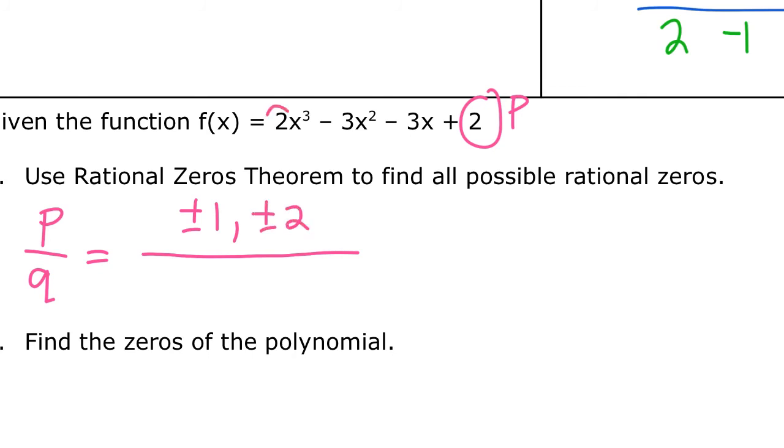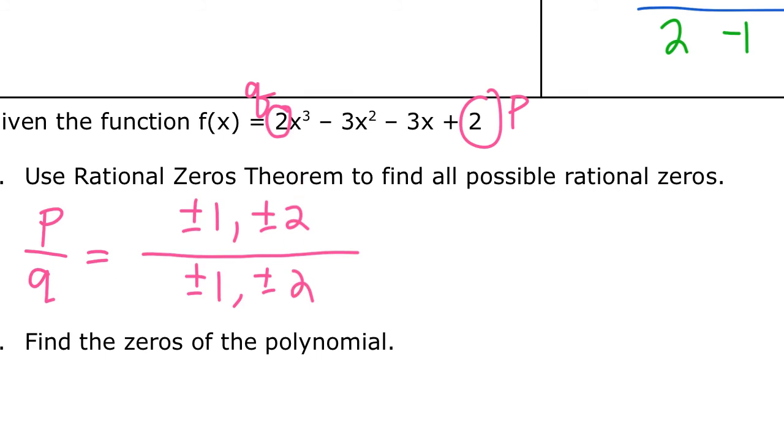And then for q, that comes from the first number. And same thing. So what we have is technically 4 fractions in 1. So I have 1 as a denominator of 1, 2 with a denominator of 1, 1 with a denominator of 2, 2 with a denominator of 2.